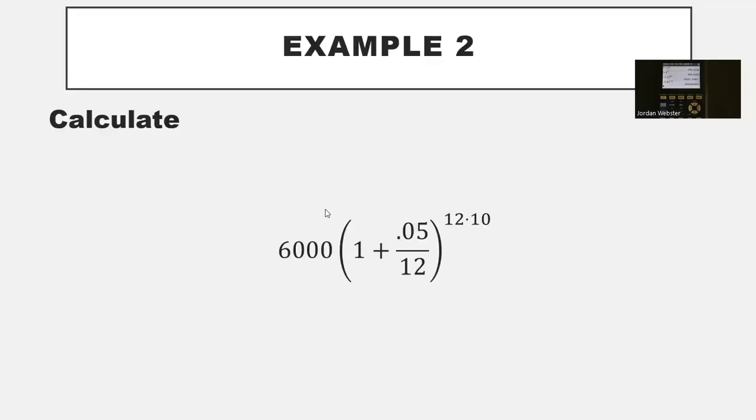For more complex calculations like this, it's really important that I make sure my calculator is doing order of operations correctly. In this case, I have 6,000 times the quantity 1 plus 0.05 divided by 12, raised to the power 12 times 10.